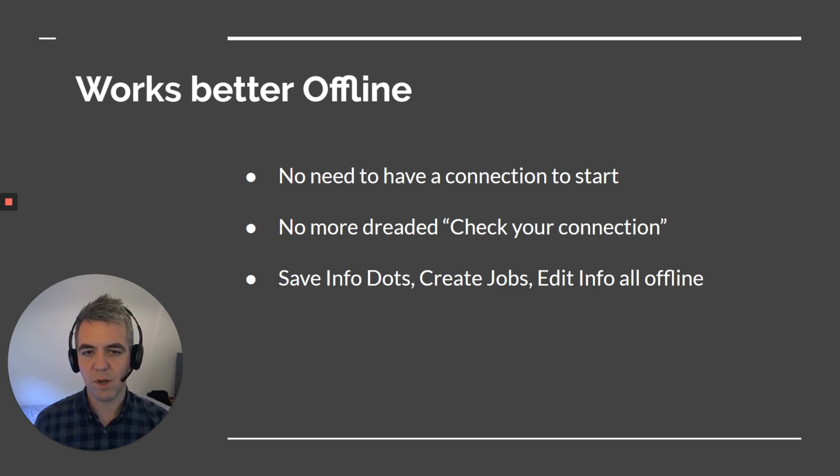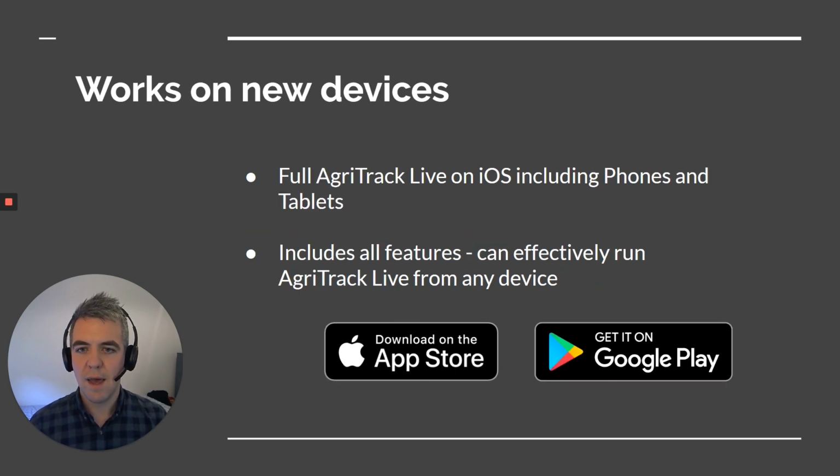That's no more required with AgriTrack Live, so you can simply open up AgriTrack Live offline. Obviously the data won't be syncing when you don't have a connection, but you can get in there, move data, even create info points and jobs and all sorts straight from the application without an active internet connection, and then everything seamlessly syncs up in the background when you do come back online.